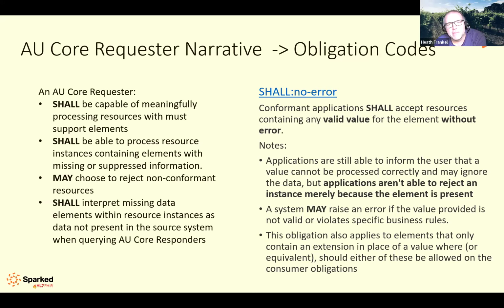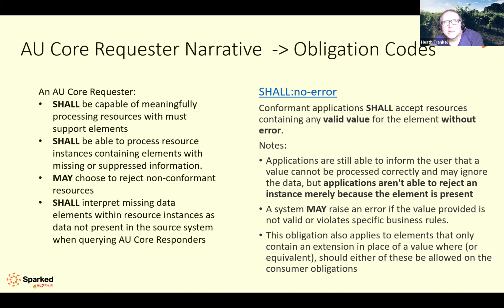And then yes, there are many other layers on top of that if we look at the value set. So if we're looking here at the lowest bar for AU Core as a whole, then that's fair. But we can still add obligations in other parts to raise the bar where it's needed. Is that correct? Yeah. And so the point of this is to really say, okay, what we really meant by the left-hand side, we've actually been talking about as no error.